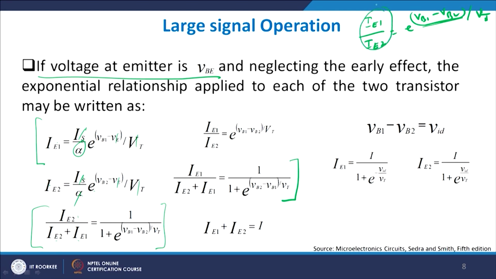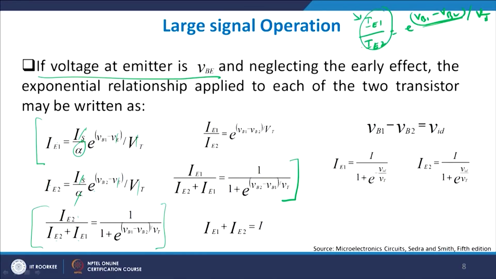Which means that if VB1 is much larger than VB2, everything else remaining the same, IE1 will obviously be much larger than IE2, and therefore IC1 will also be much larger than IC2. So, that is the crux of the whole issue: I need to make one side base voltage much larger than the other side.